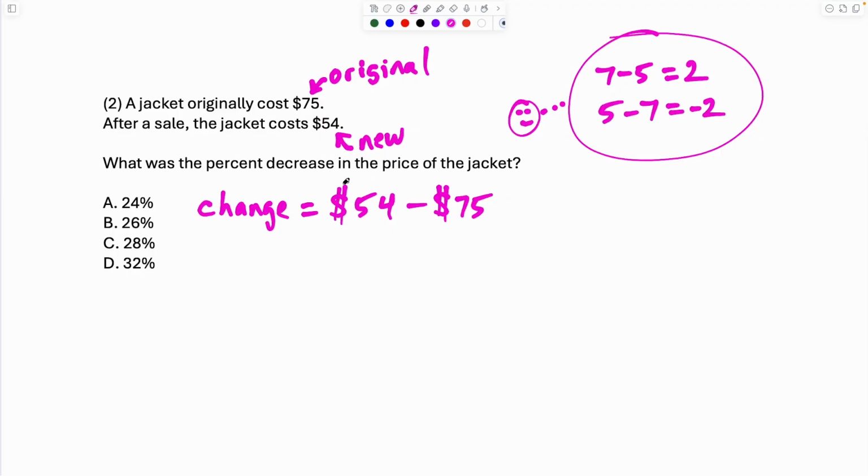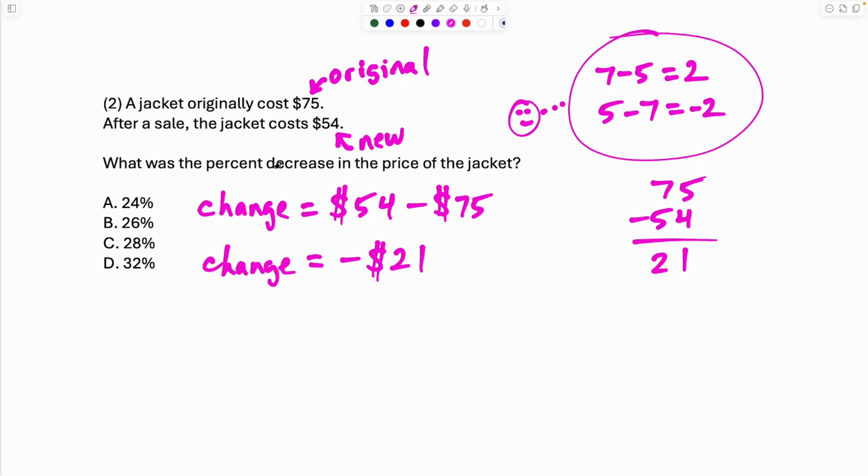So when I want to do something like this that I know is going to come out negative because I'm subtracting a larger number from a smaller number, I could just go ahead and do 75 minus 54 on the side, but then I just make the change negative when we get to it. So 5 minus 4 is 1, 7 minus 5 is 2. So the change is equal to negative $21, okay?